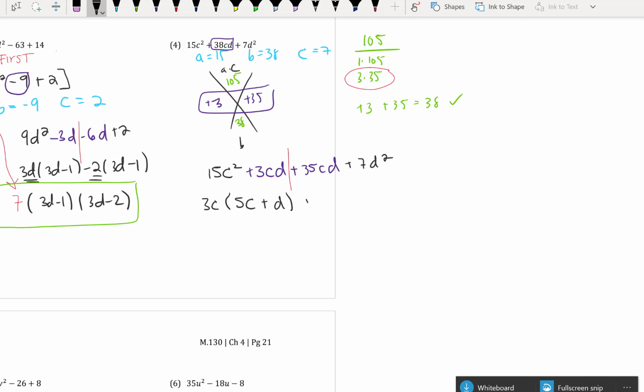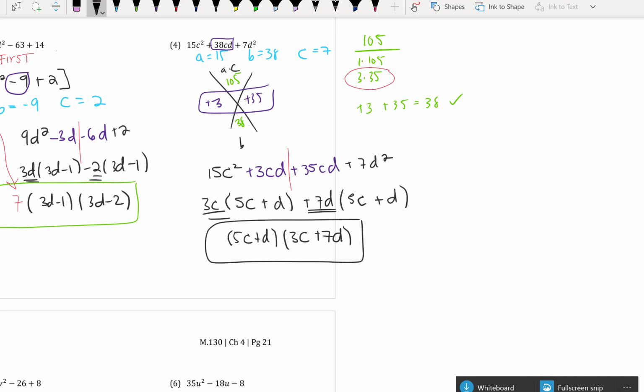The second half have a 7d in common, so I'm left with a 5c plus d. So the common parentheses is a 5c plus d. And my leftovers is a 3c plus 7d. So that ends up becoming my final answer.